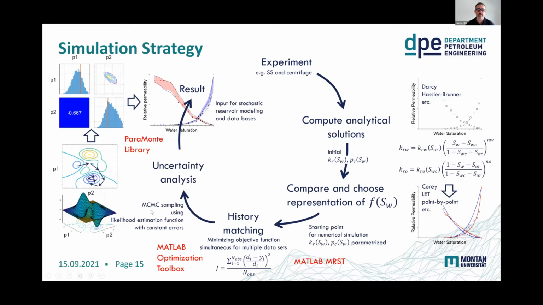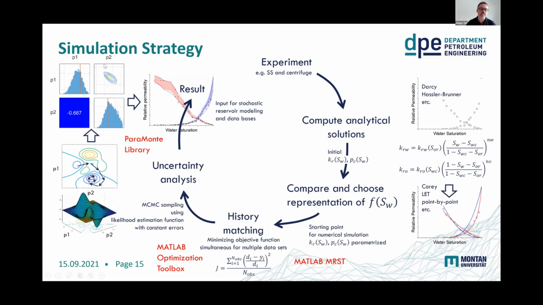We use the likelihood estimation function with constant errors. These constant errors refer to our experimental errors that we have to assume from our data sets, like fluctuations, reading uncertainties, and this kind of thing. On this we make a Markov chain Monte Carlo sampling. Here is the library that we are using, the ParaMonte library.